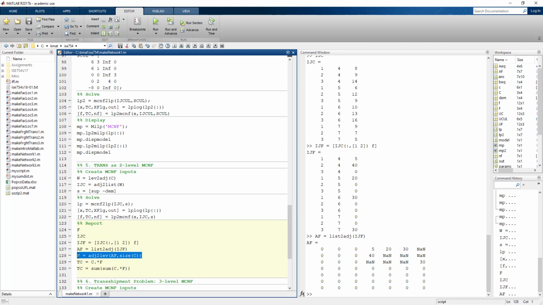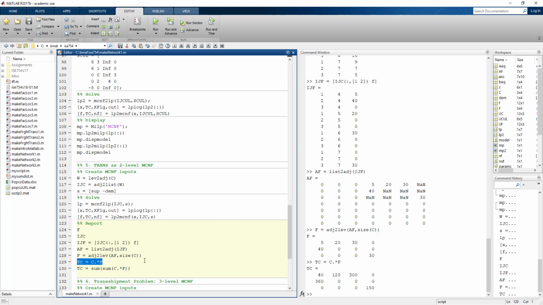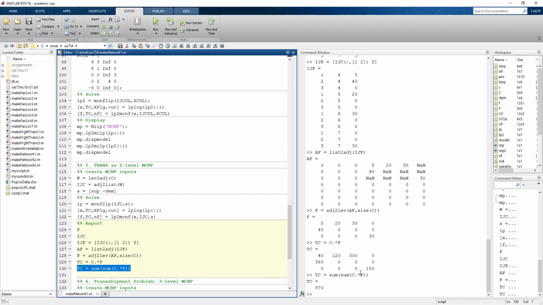And then the arc flow representation can be converted into the flow matrix by using the adjacency to interlevel or ADJ to LEV function. So we get back our underlying flow matrix. And then from that, we can multiply times the cost elements and then double sum to recreate the 970.